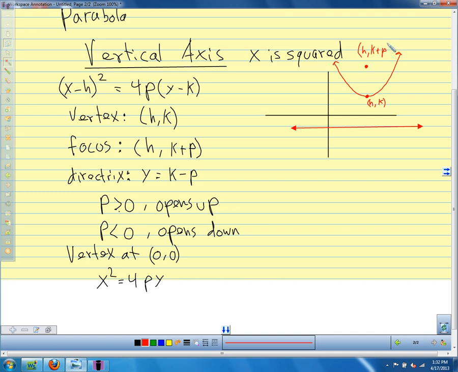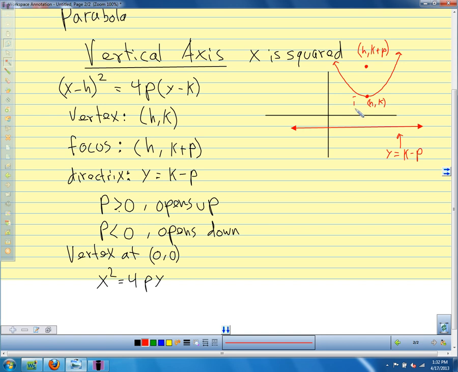P tells us how far I move up from the vertex to get to the focus. And the equation of this line is y equals k minus p. So I'm going up p units to get to the focus and down p units to get to the directrix.